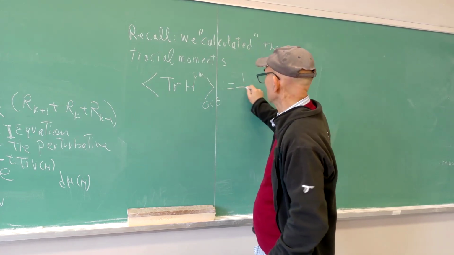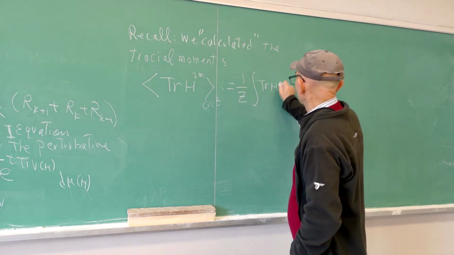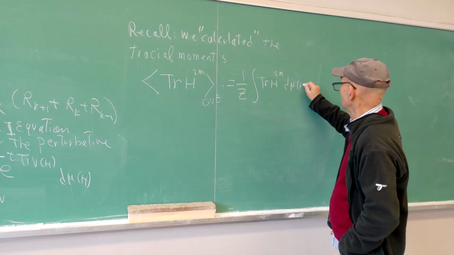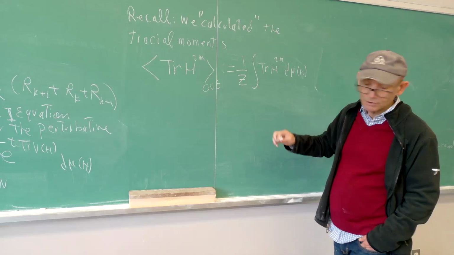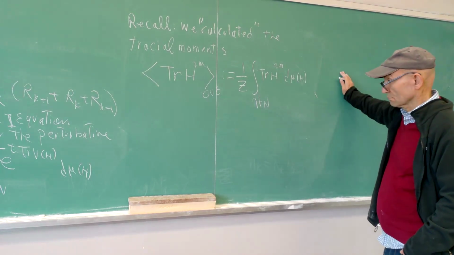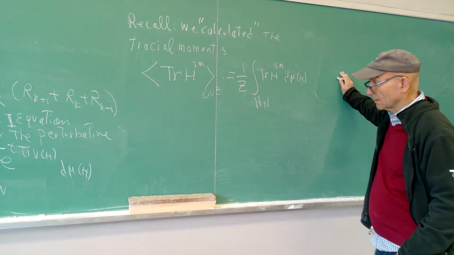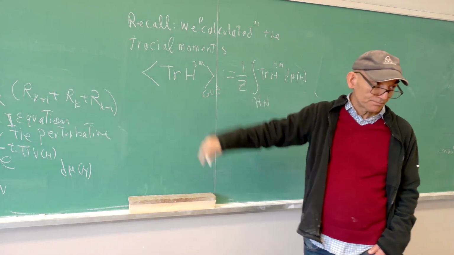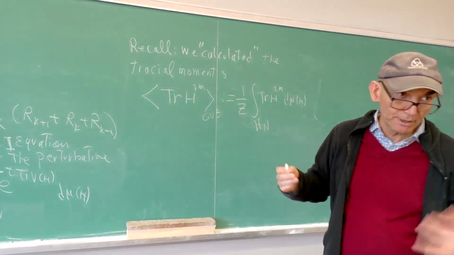This was by definition equal to 1 over Z integral trace of H to the M, d mu of H over H_n, over the space of all Hermitian matrices. So yeah, and we wrote an expansion in terms of powers of n, which is genus expansion. Some Riemann surfaces up to some genus appear, not more than that, depending on n.